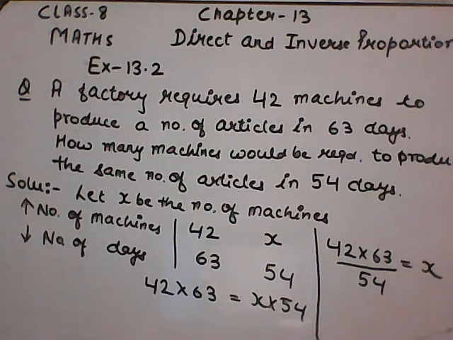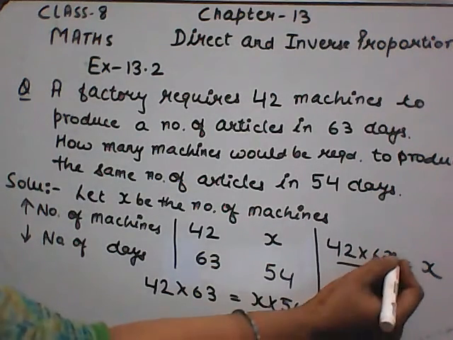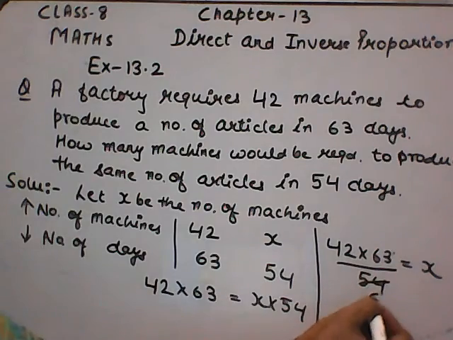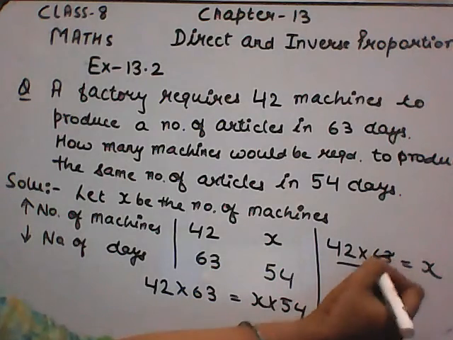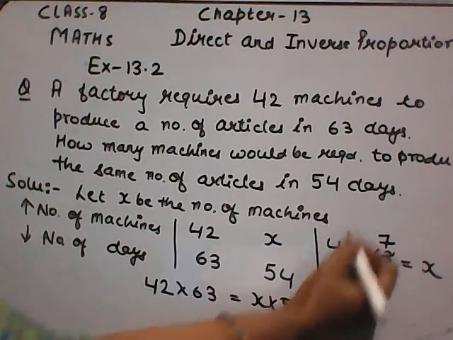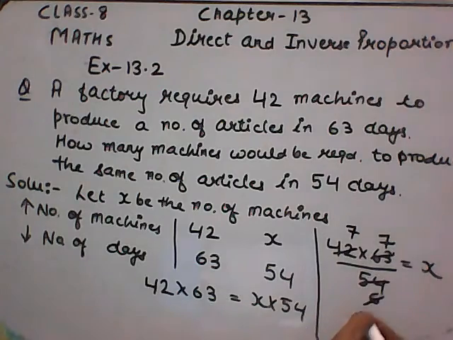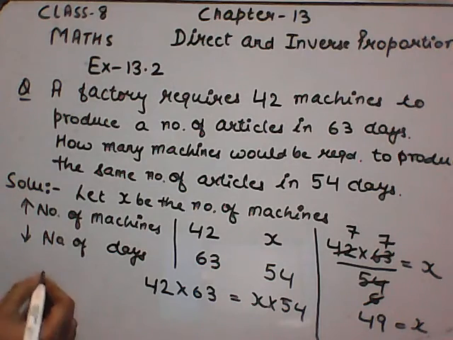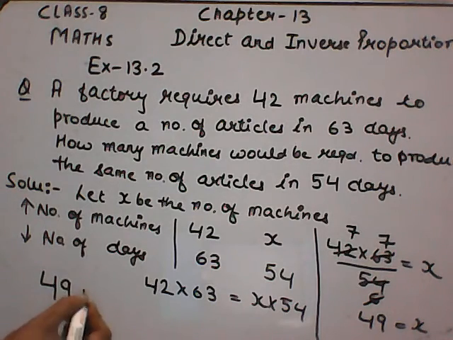Now, 9 sixes are 54, 9 sevens are 63, 6 sevens are 42, 7 sevens are 49. So 49 equals x. That means you require 49 machines to produce the same number of articles in 54 days.